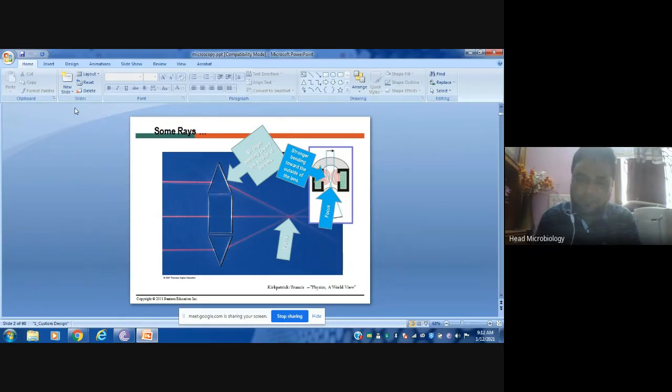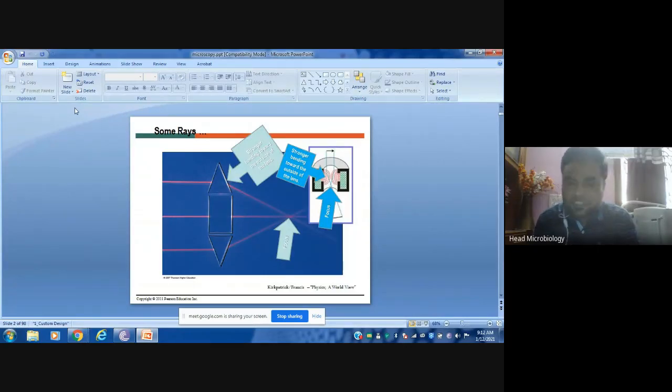If x quantity of light is passing through the lens, and a part is absorbed, taken away by the lens, and the remaining comes out, whatever quantity of light is taken up by the lens is called absorption.